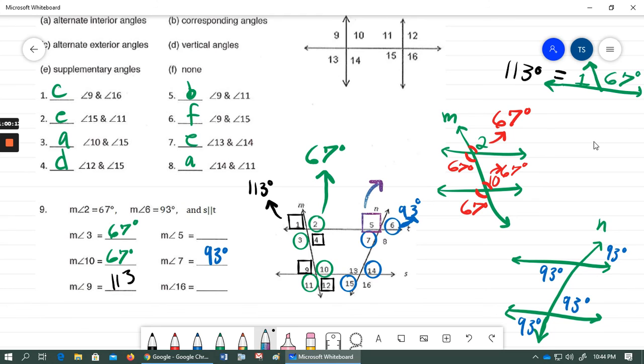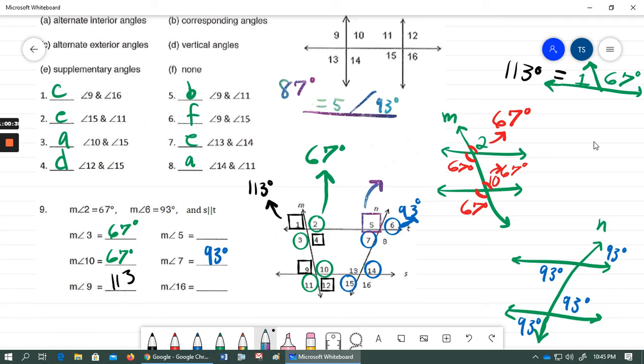because they form a straight line. So again, folks, because they form a straight line, and I hate to write it all sloppy like that, but I ain't got much of a choice. With that being 93 degrees and this being angle 5, this has got to be equal to 87 degrees.